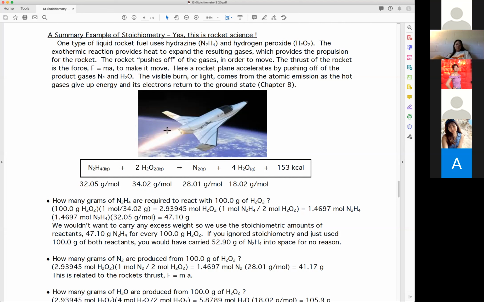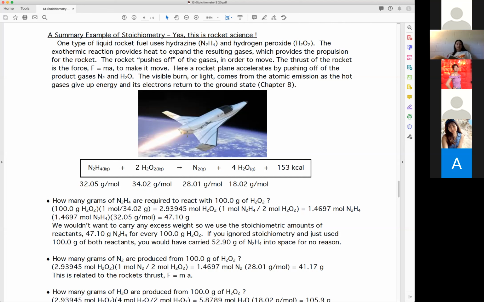What if I took a mixture of nitrogen and water gas, and I heated them up really, really hot? What would they do? They'd give off atomic emission. Remember that from the previous chapters?